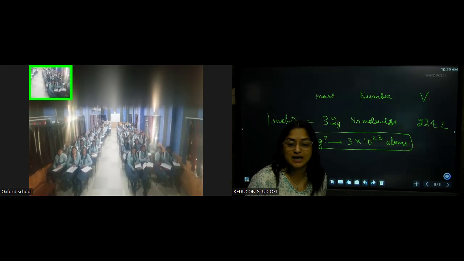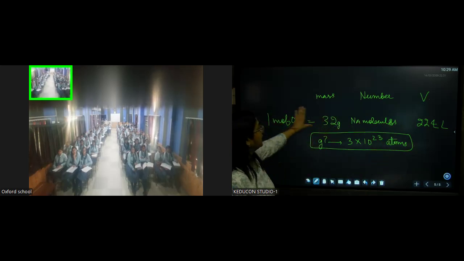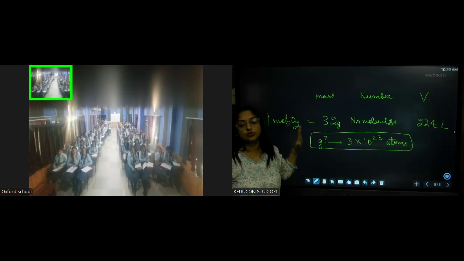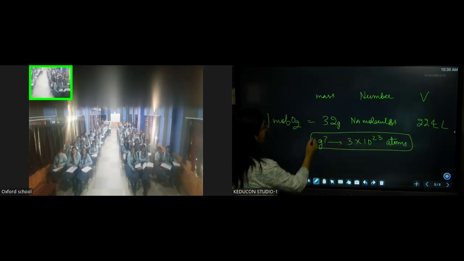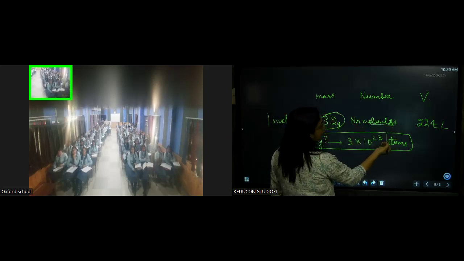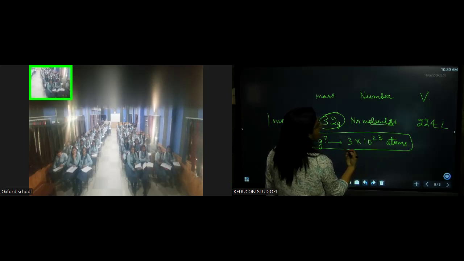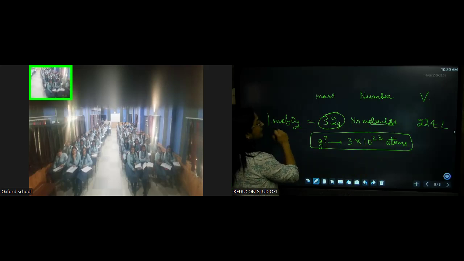First you have to see what is the relationship between grams and atoms. Until you write this line in front of you, you won't be able to interpret. Write this first, then see: it is in grams, and here I have molecules, so first I have to relate this with atoms. So if it has Avogadro number of molecules, that would mean it contains 2 atoms in a molecule.